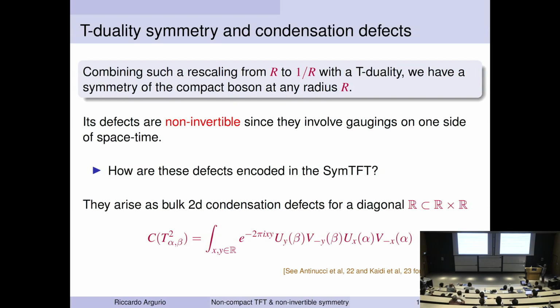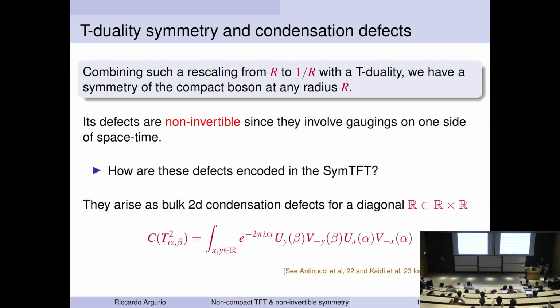So let me end. You might ask how this non-invertible duality is encoded in the symmetry TFT, because the symmetry TFT was only for U(1) times U(1). Well, this is a trick that was already explained two years ago.